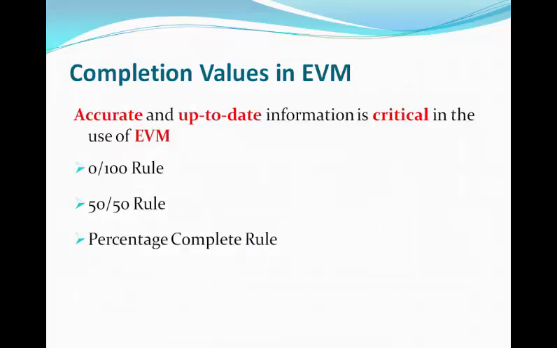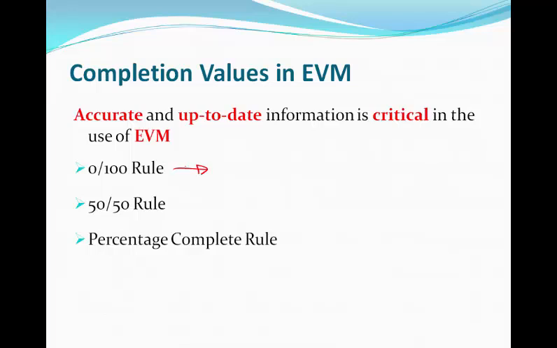So in the example I went through, we used a percentage complete rule for each activity. So there's a few rules that each company would set their guidelines in terms of how they would want to use completion values. So the three common completion values are the following: the 0 or 100 rule.